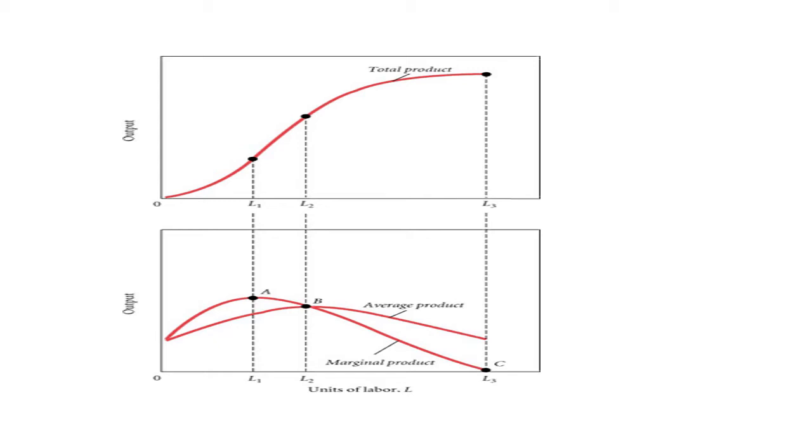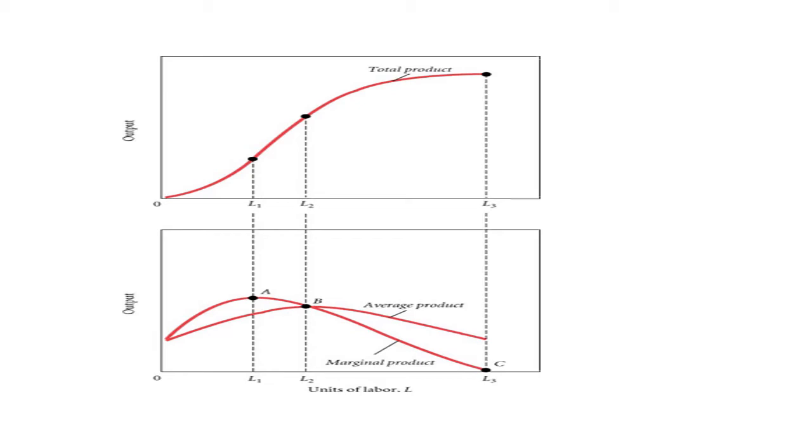First, we have the total product curve, and as you can see, the total product curve increases until it reaches maximum.